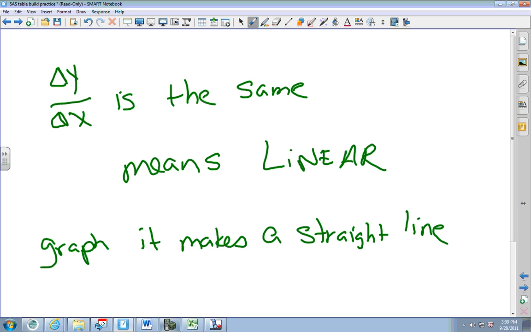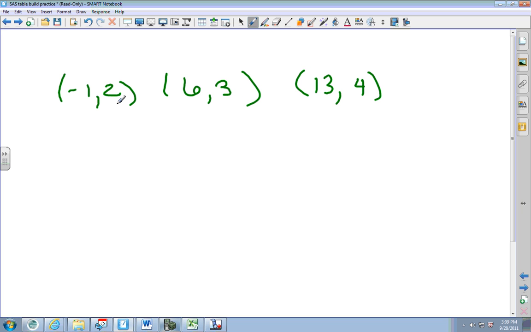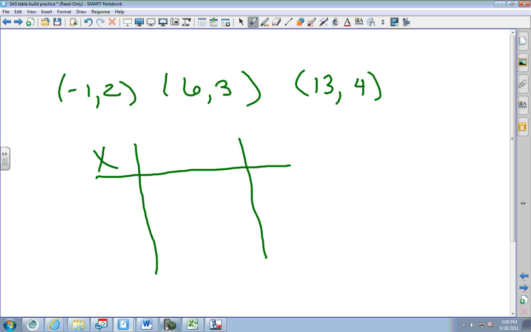Okay? So, if you have ordered pairs, like (-1, 2), (6, 3), and (13, 4), and you're trying to find the line, you're trying to find what the equation is for these points. You will build a table, and you will put in there x, then y. You're going to put in all the x numbers.